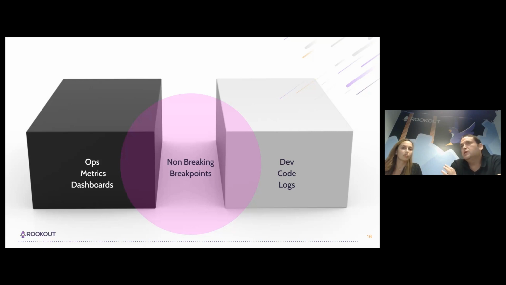And on the left-hand side, the ops team, who usually look at metrics from the outside, but do not have access to the code, do not have the ability to change the code. What we are actually doing is helping both of these teams work closer together, communicate much more smoothly, and solve problems faster, which is the bottom line of what we are trying to achieve here at Rookout.